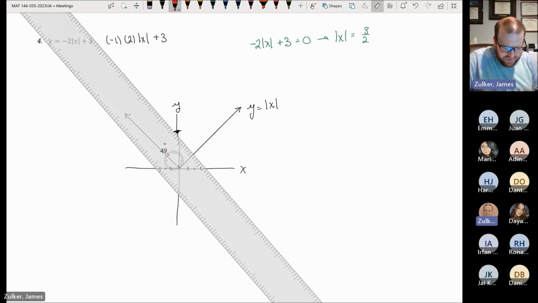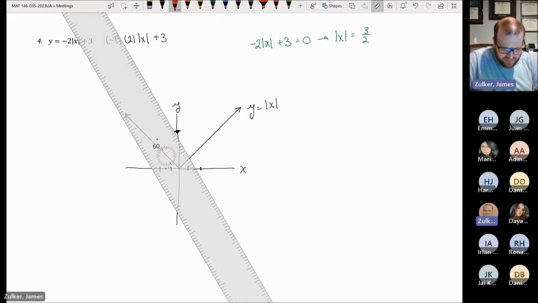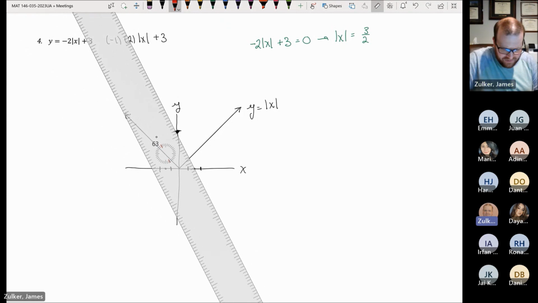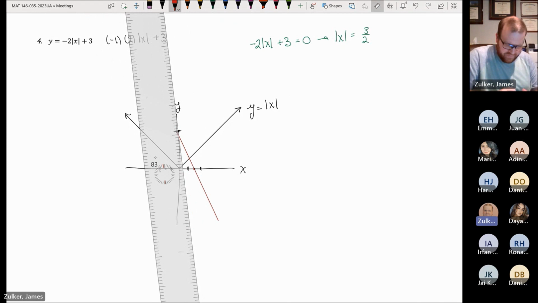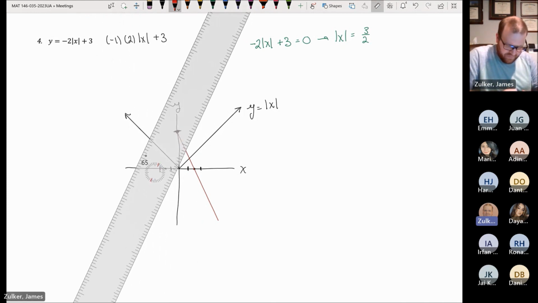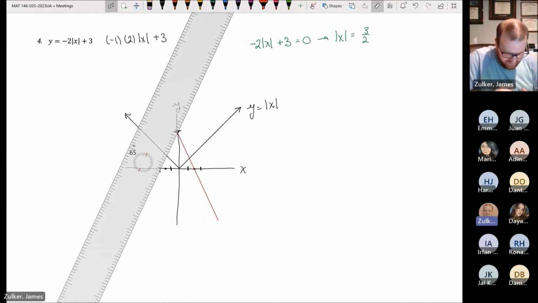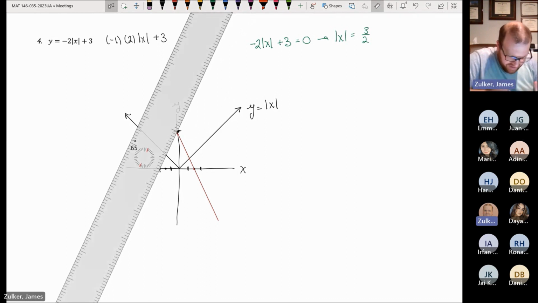I'm not going to have a 45 degree angle anymore. Is it going to be 60? No. Looks like 65 is going to work. And I did not draw this to scale, because of course I didn't.